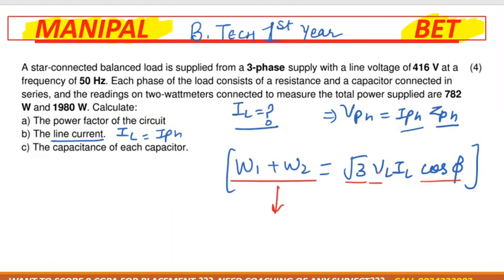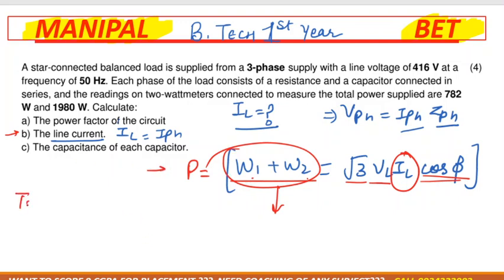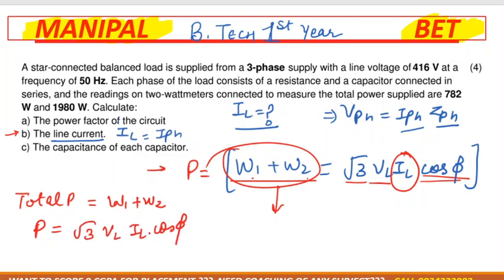So in this question, the two wattmeter readings we know, because total power is W1 plus W2, right? VL they have given, cos phi we can calculate, and from here we can get IL. Maximum students don't think about this, okay? So total power is W1 plus W2, and power is equal to root 3 VL IL cos phi. We can equate them, then we'll directly get the value of IL.